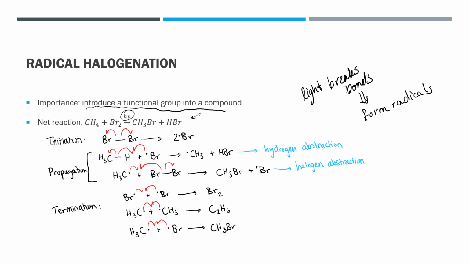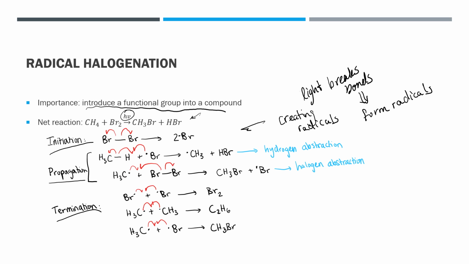Okay, so now I just want to talk about the big steps of this radical process. You can see I've written initiation, propagation, and termination. Let's think about each of these. Initiation, that's like how we said radical initiator. We're just creating radicals. Propagation we can think about as our reaction propagating.